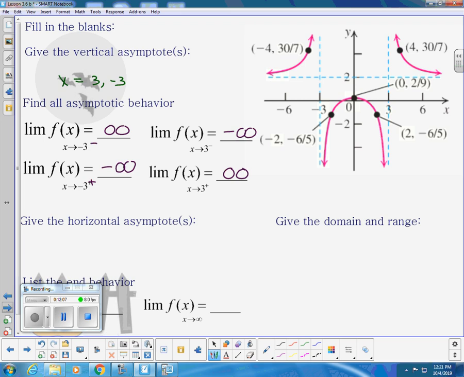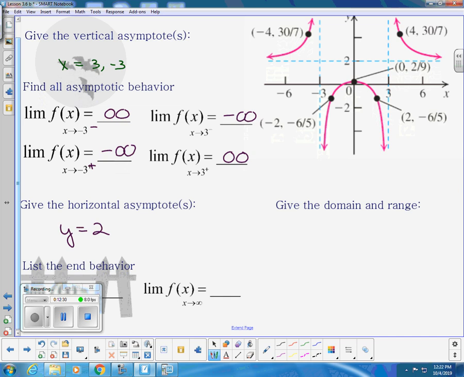Horizontal asymptotes. What do we got here? Y equals 2. Just 2, right? On the graph, kids. No calculations necessary. All right, now we're going to talk about end behavior. So end behavior means as x gets to the left of the graph, is it leveling off somewhere?